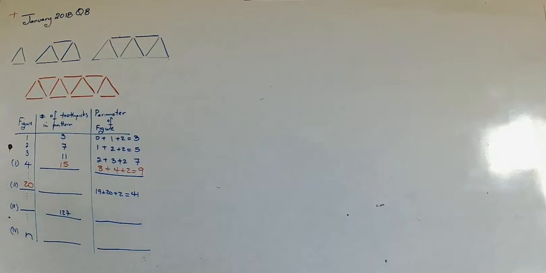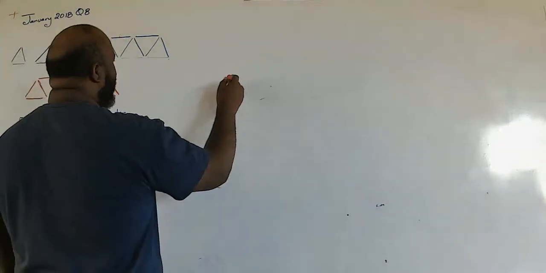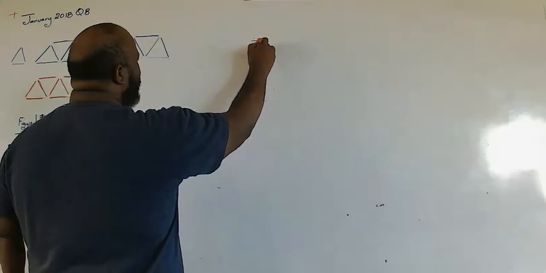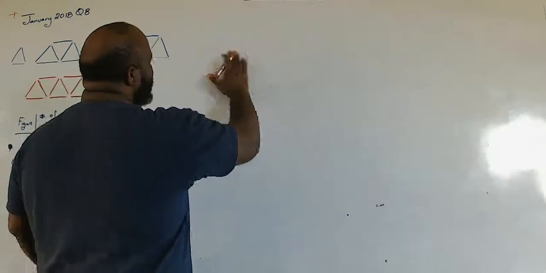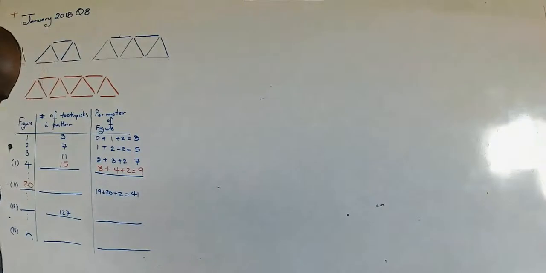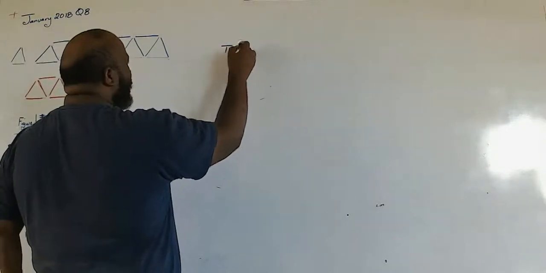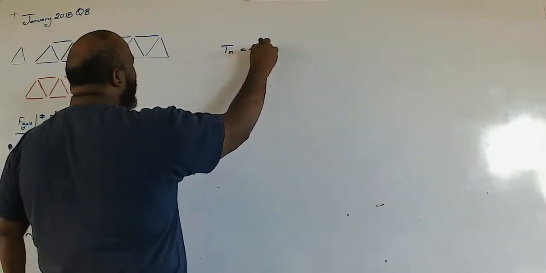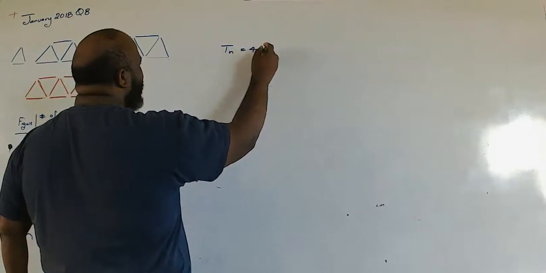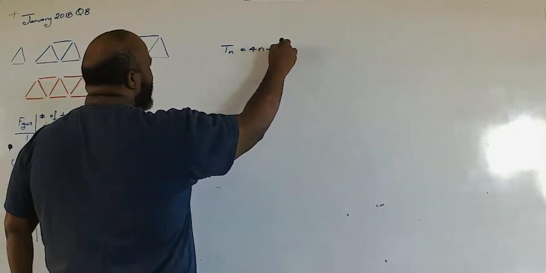I'm ready. You see, if a sequence of numbers is going up by 4, the general term can be written like this. Tn. Tn is the general term. Let me use the blue ink. Tn, the general term, is equal to 4n plus d.